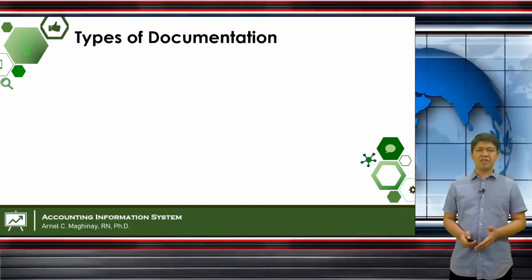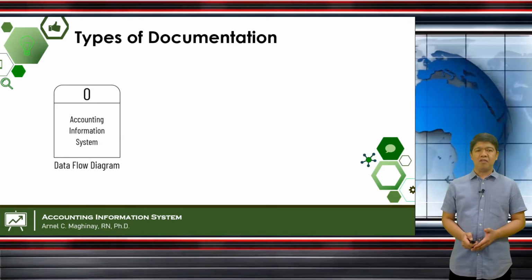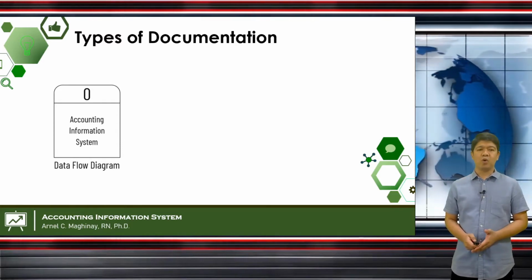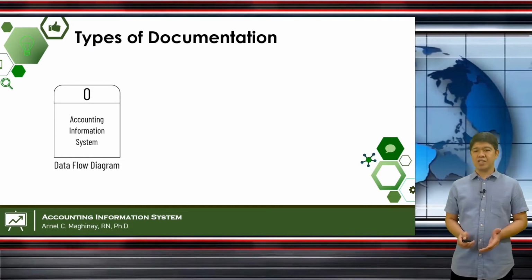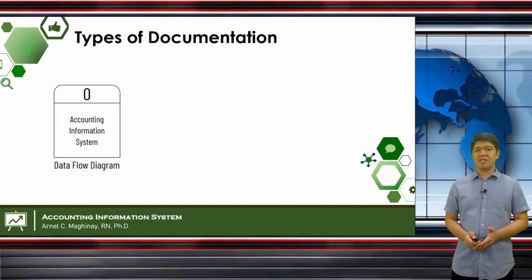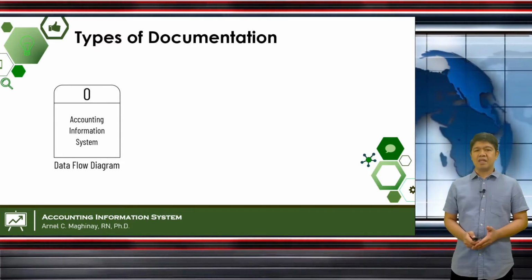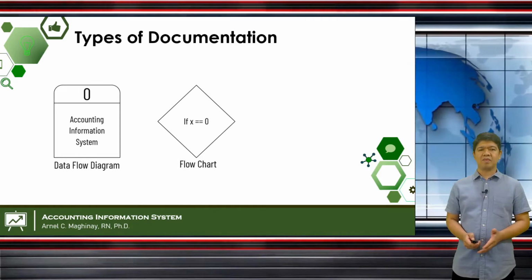So what are the different types of documentation? Okay, first we have the data flow diagram, or your DFD. It is a graphical description of data sources, data flows, transformation processes, data storage, and data destinations. Next, we have the flowchart.